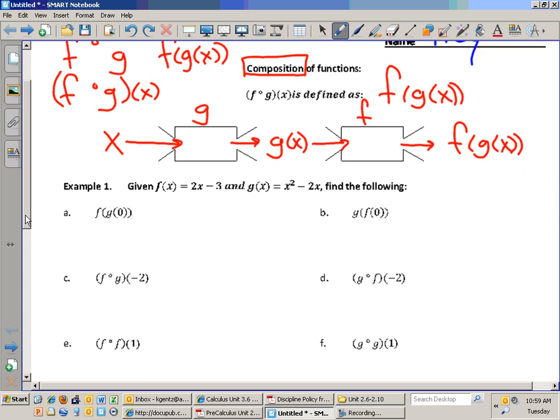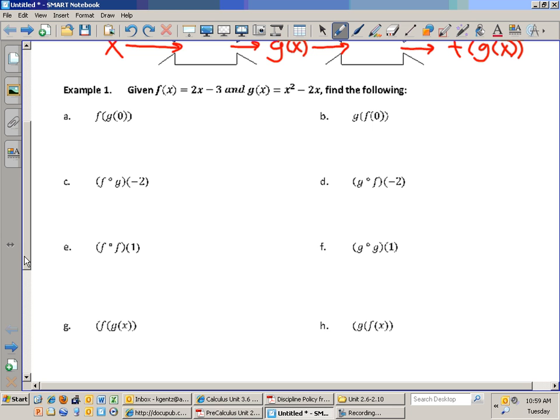So we'll try an example here. I think you'll understand it. This says f of g of 0. Before I worry about the f at all, I'm going to worry about the g of 0. If you want to find g of 0, what are you going to do? Right, so g of 0 is equal to 0 squared plus 2 times 0, which is 0.